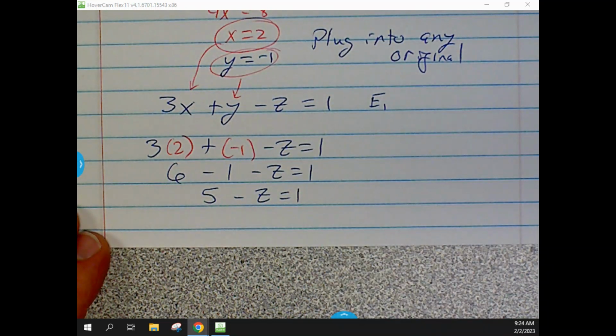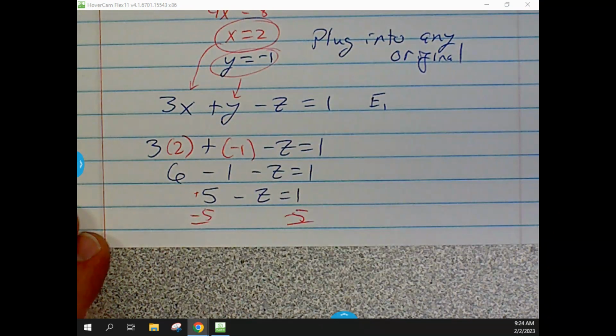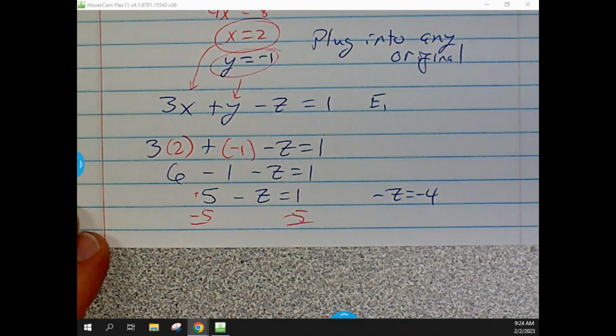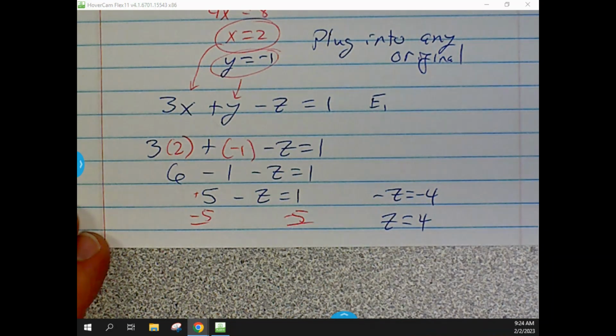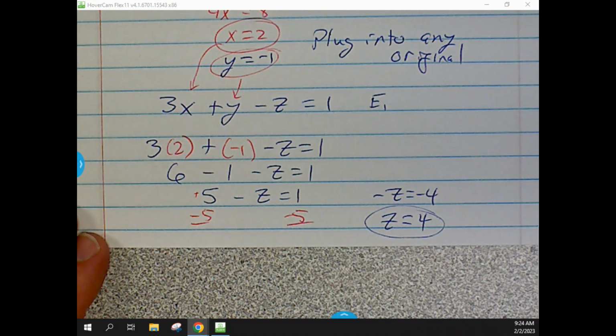And just remember in that case, that's a positive 5, so when you get rid of it, you're going to have to go minus 5. So it's a negative z equals -4. And again, just change the sign to make it positive. Basically, we're just dividing through by -1 to get rid of that negative.